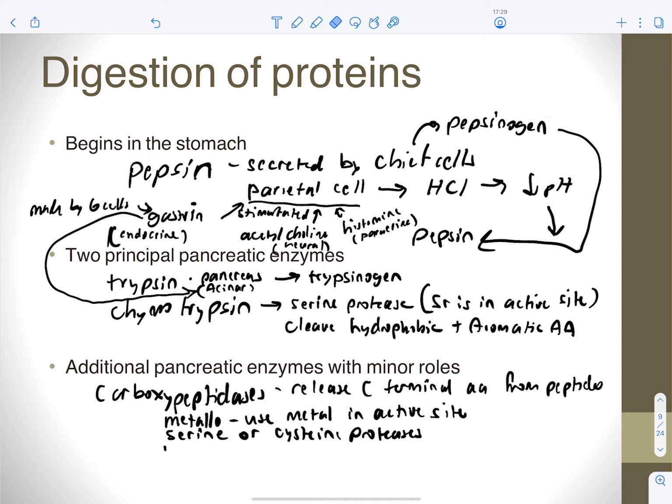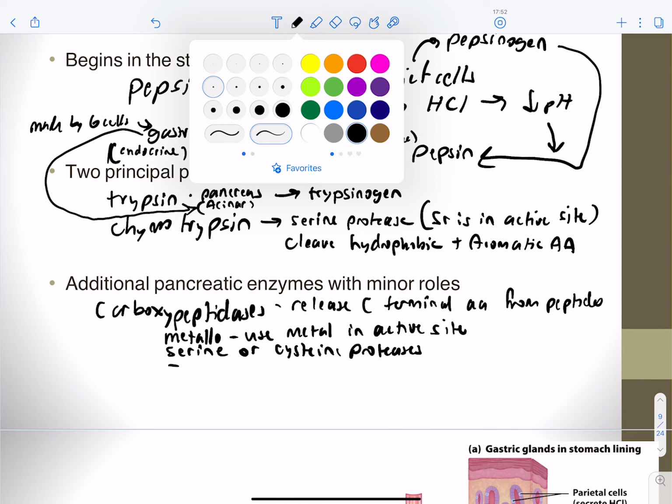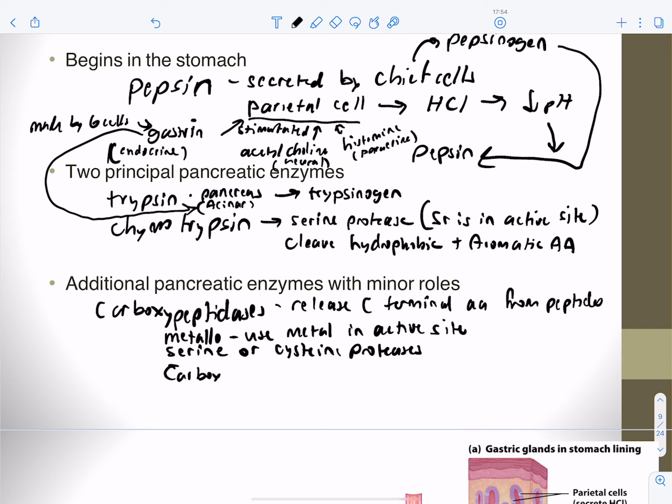Let me get rid of elastin for a moment. For carboxypeptidases, we have two major types: carboxypeptidase A and B. There's also an aminopeptidase. So you have carboxypeptidase A, which is going to prefer aromatic or branched-chain amino acids.